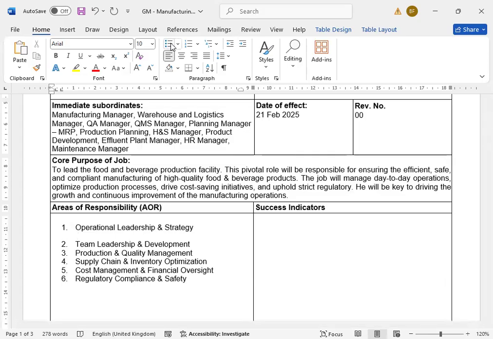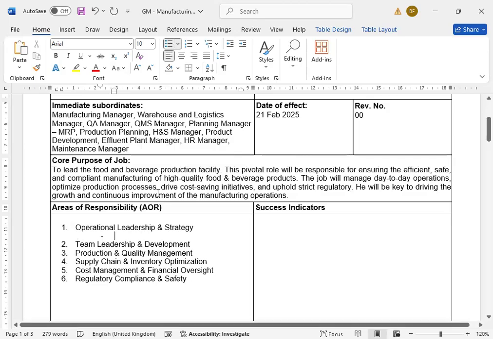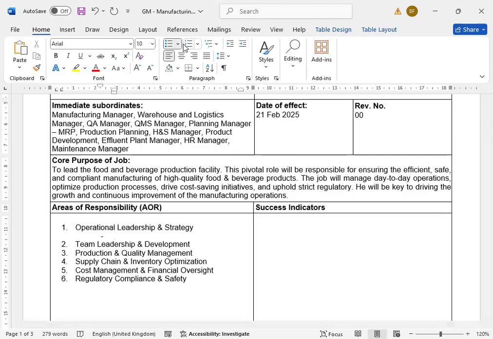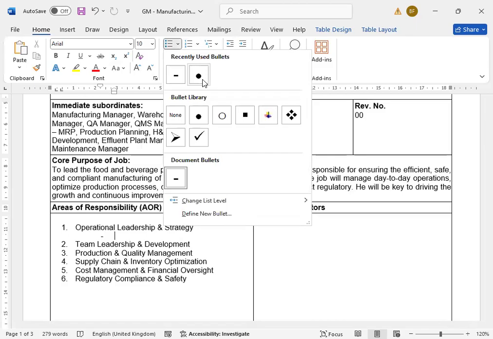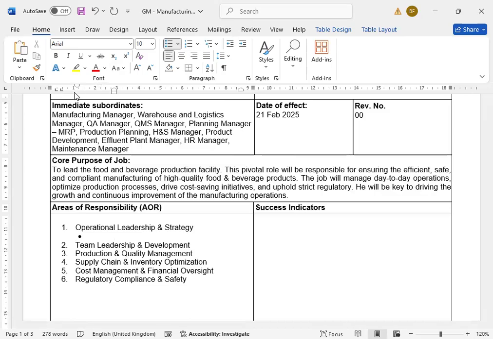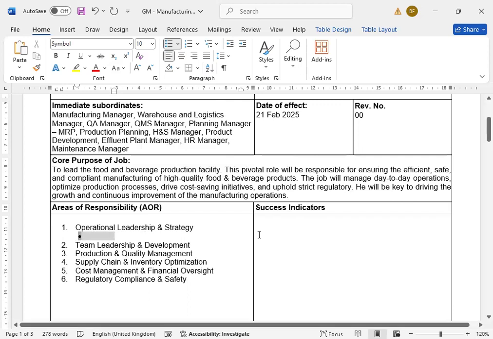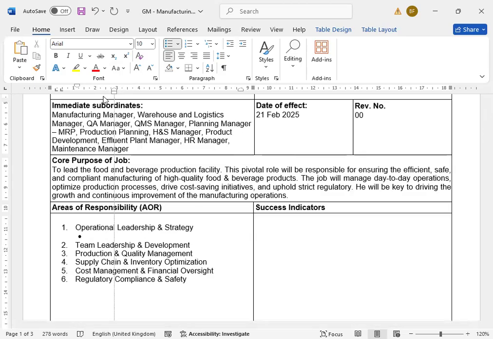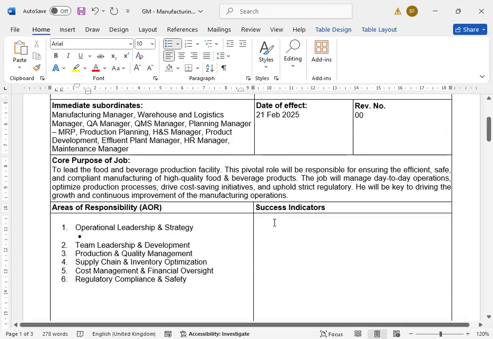Okay, I'm gonna put a bullet point with this. It's not working. Okay. What I want is a bullet point. This one. Okay. Then I'm just gonna adjust the distance, the margin. So it should start from here. Okay, that would be okay. And this one too.